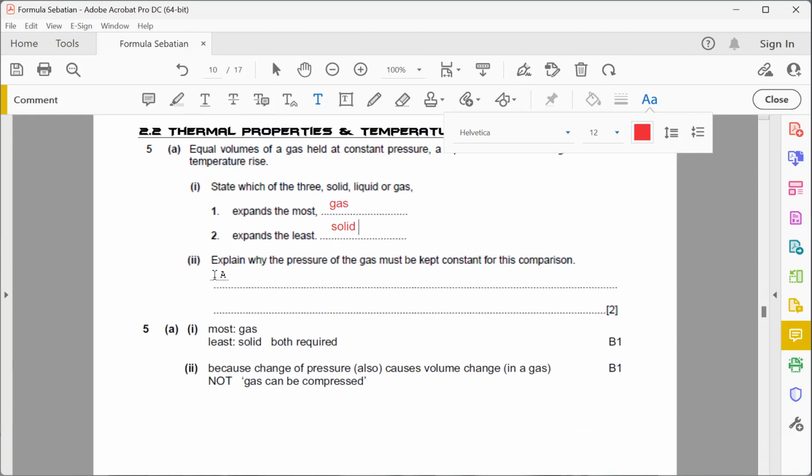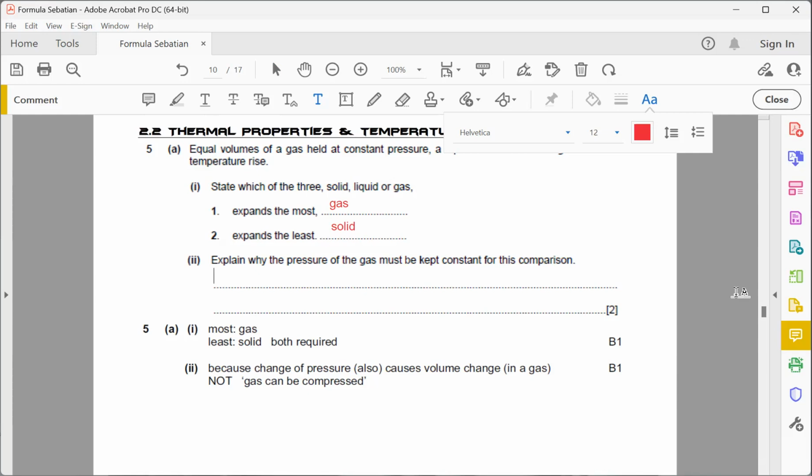Explain why the pressure must be kept constant in this comparison. If you're playing with volume and temperature, obviously pressure will have an effect on both of them, right? So if you keep it constant, it doesn't affect them and you have a fair comparison between the volume and temperature.